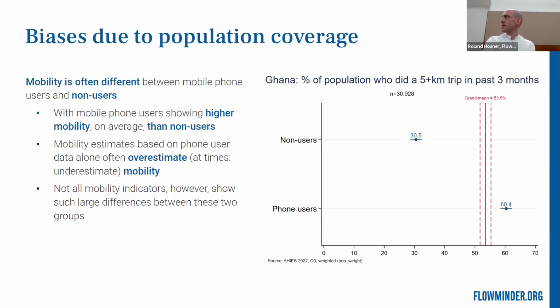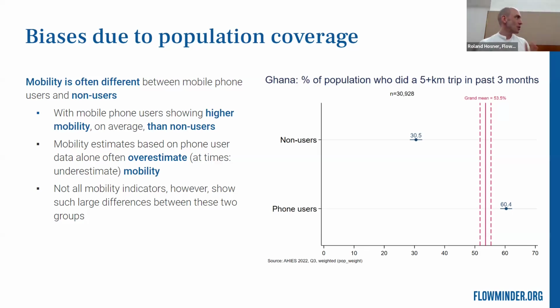The example here is a very clear one from Ghana in 2022, where we were allowed to join a survey and ask questions about phone use. The mobility, as measured by a trip of 5 kilometers or more, was 60% among phone users, and among non-phone users only around 30%. So quite a stark difference.